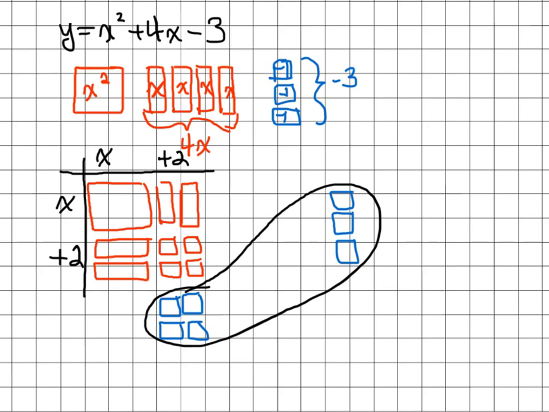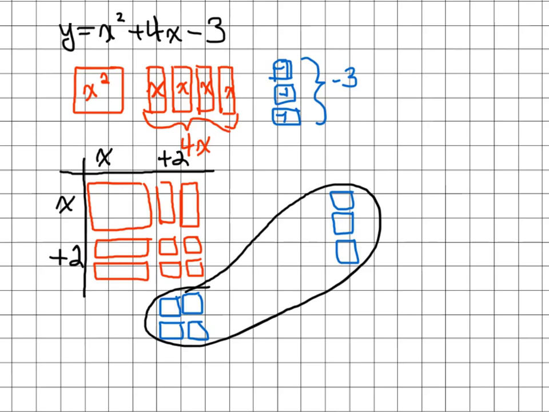So now, if I'm writing this all out, I have y equals x plus 2 times x plus 2, and adding those up I have minus 7. And you can't really see that, so I'm going to erase that and make it neater.